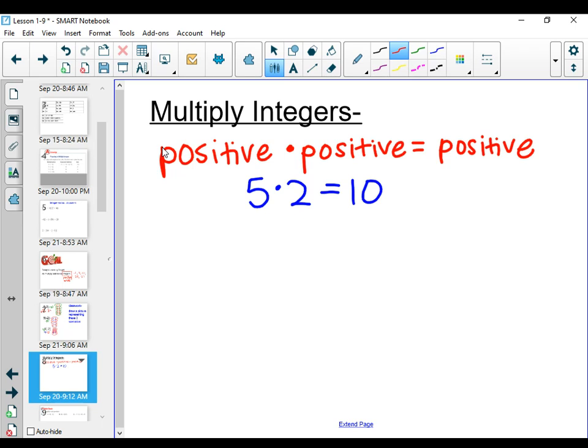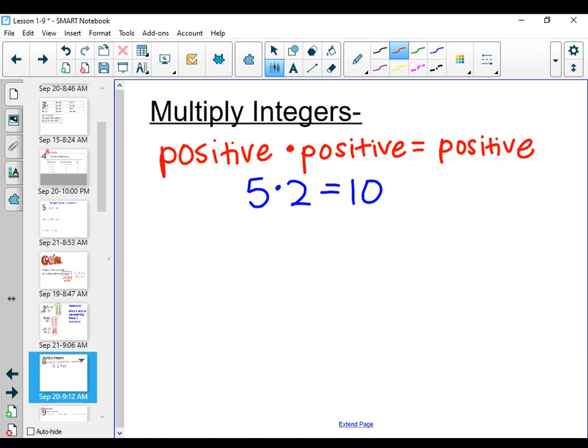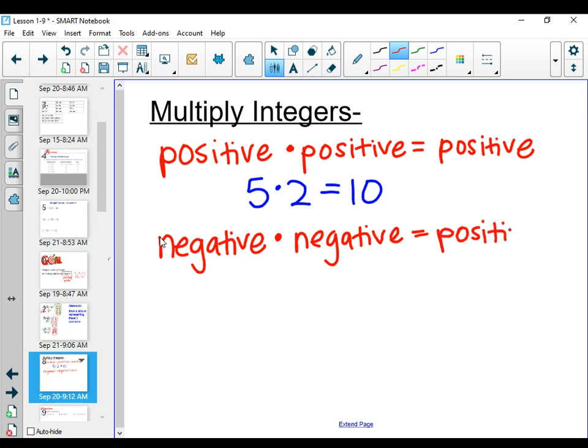Way back in 3rd grade when you started learning multiplication, a positive times a positive, still a positive. On this 3rd example back here, we just realized a negative times a negative will also give us a positive. That double negative in multiplying turns into a positive.